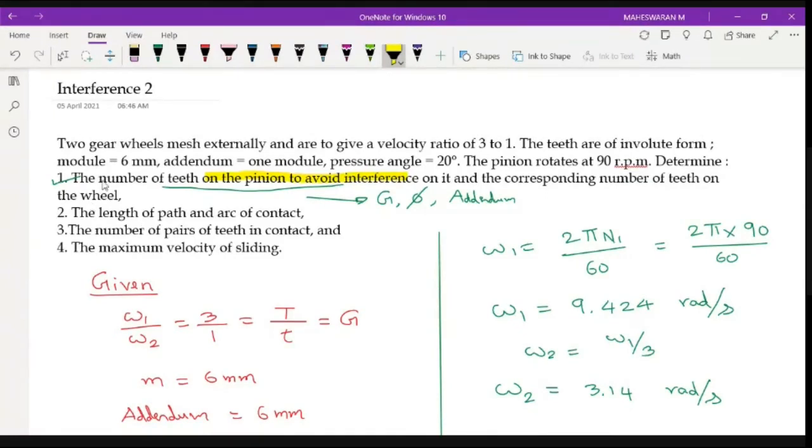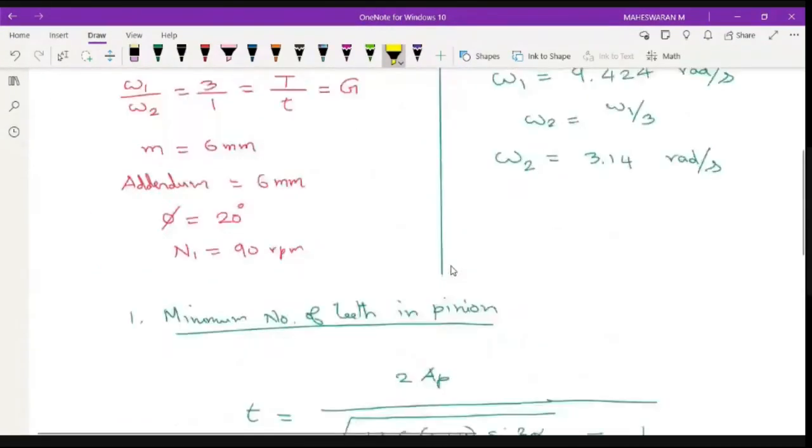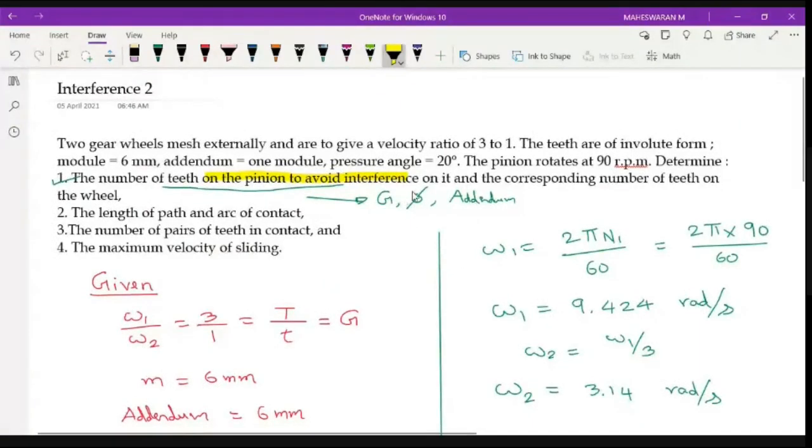Sometimes they will ask what is the minimum number of teeth on wheel to avoid interference and its corresponding teeth. In that case, what will be the formula? You have to use the capital T formula, the one with 1 by G plus 1 by G. So you read the question carefully and solve it accordingly. No need to find both. Any one is enough.